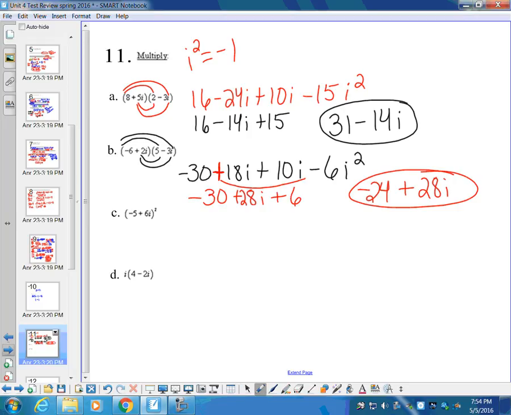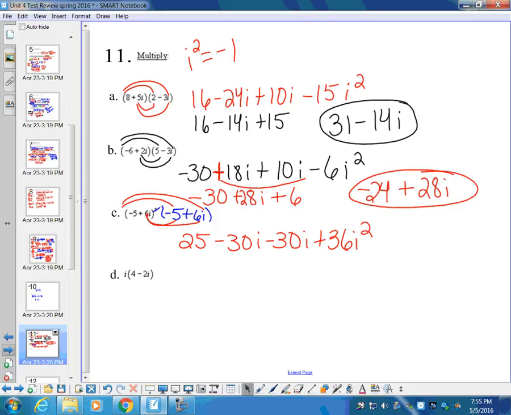Next, you got to write that twice. So we're going to multiply. Negative 5 times negative 5 is 25. Negative 5 times a 6i is negative 30i. 6i times negative 5 is negative 30i. 6i times 6i is 36i squared.